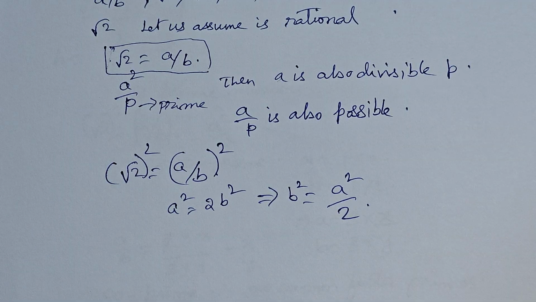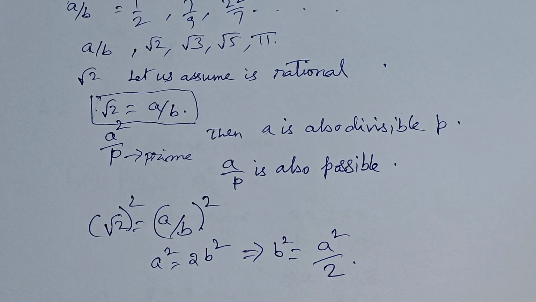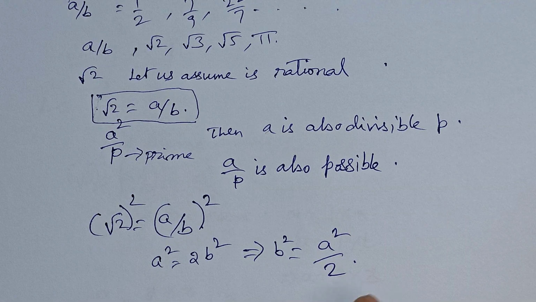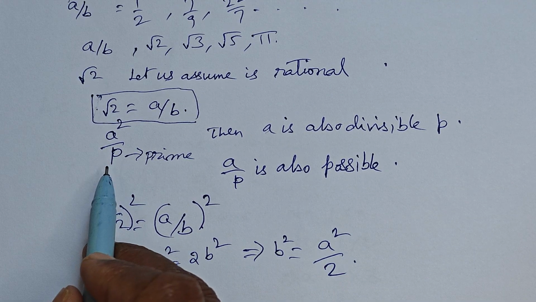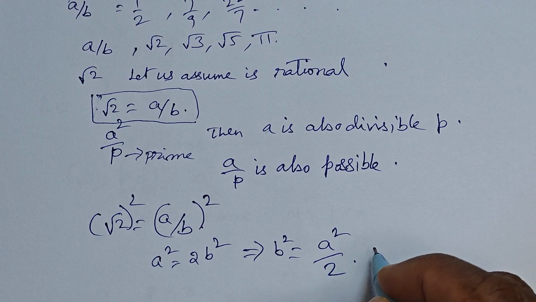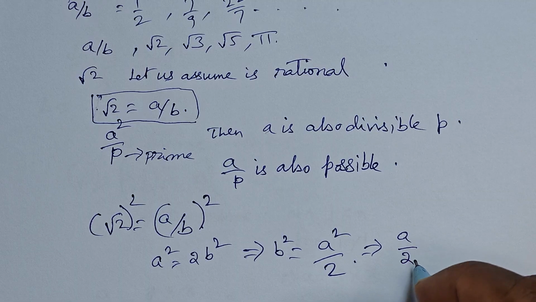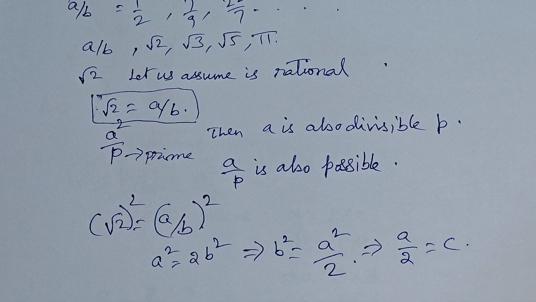If you recall, when a square is divisible by a prime number, here 2 is also prime, then a is also divisible by that prime. That means a by 2 is also possible, and let us assume that is some c. So that means a is equal to 2c.